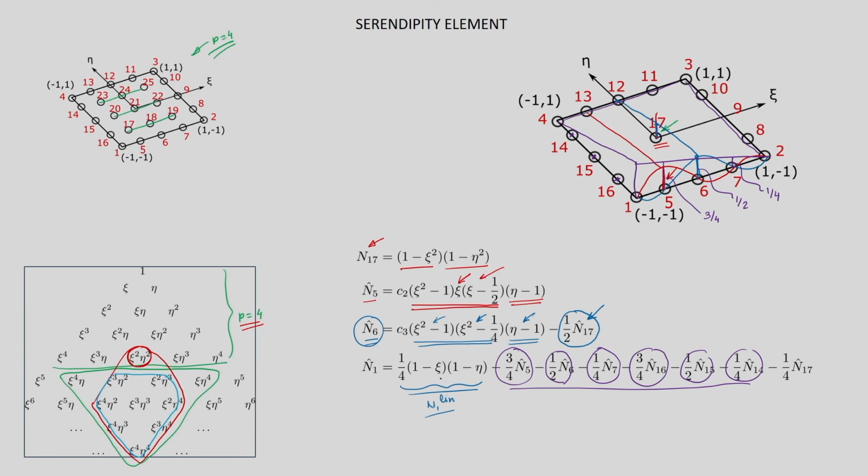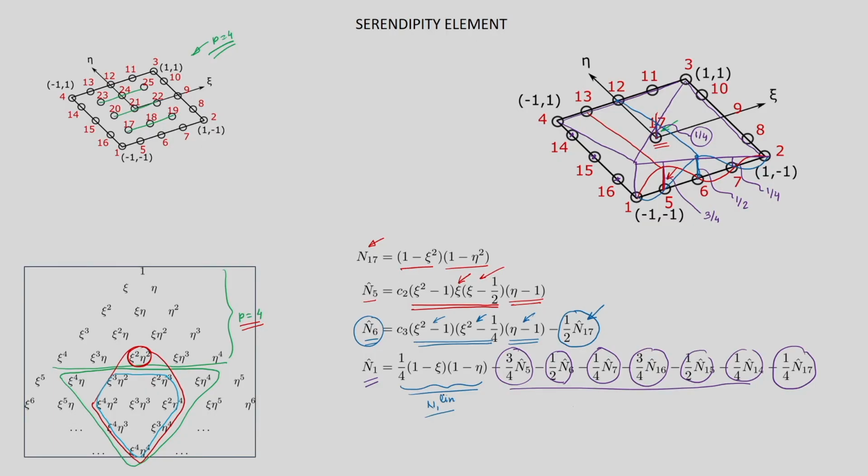So, the value of N1 linear at the midpoint of the element is how much? That is basically 1 by 4. So, 1/4 of N17 has to be subtracted from N1 linear to get N1 hat.